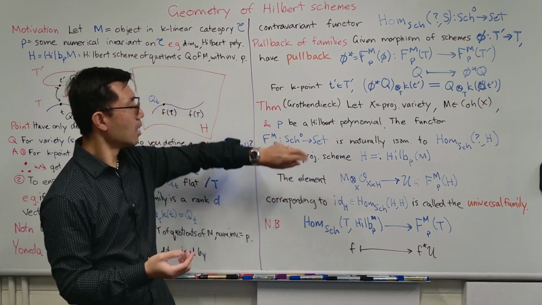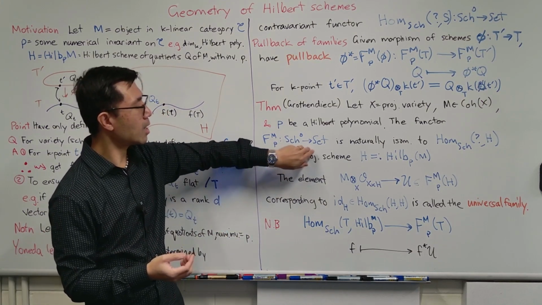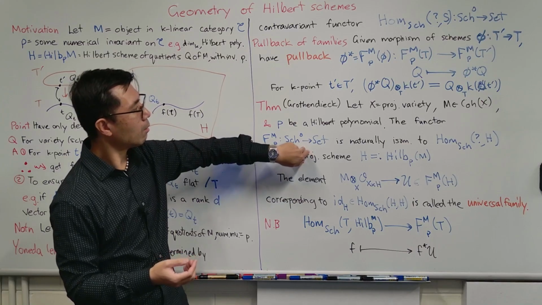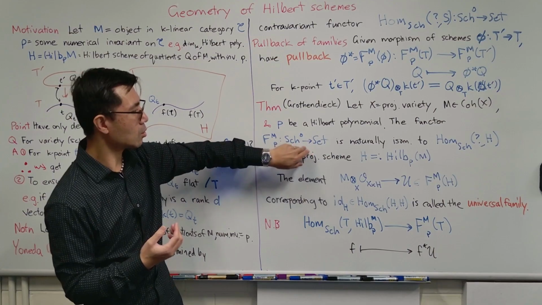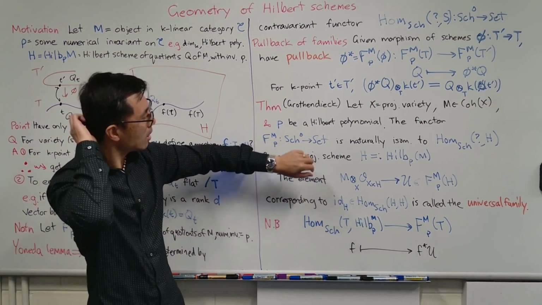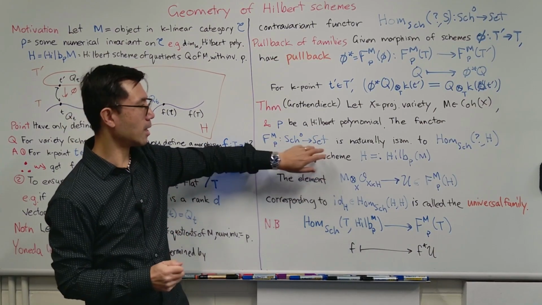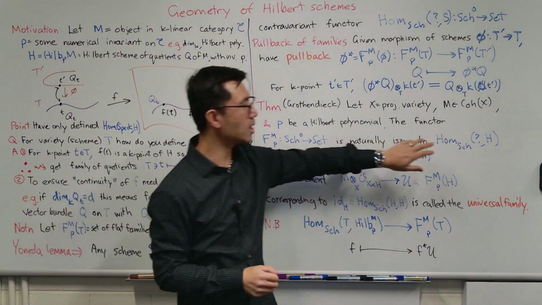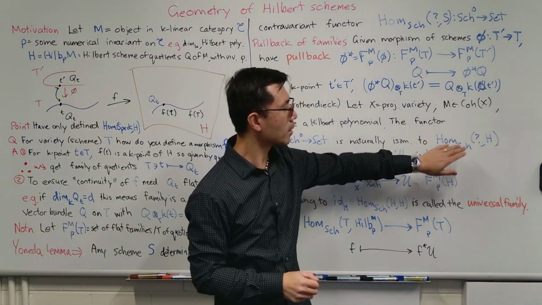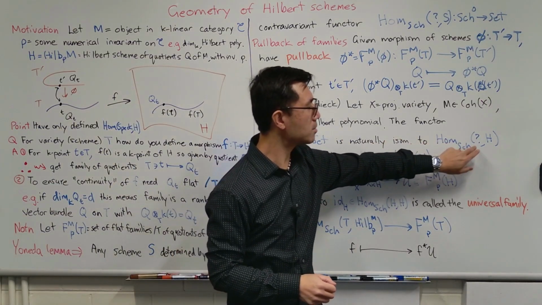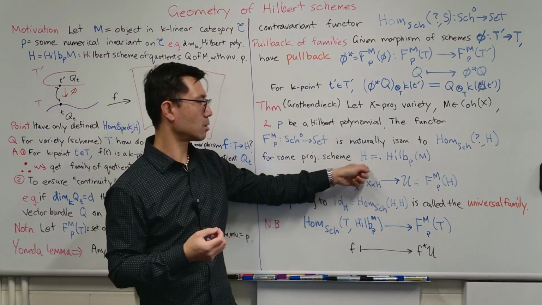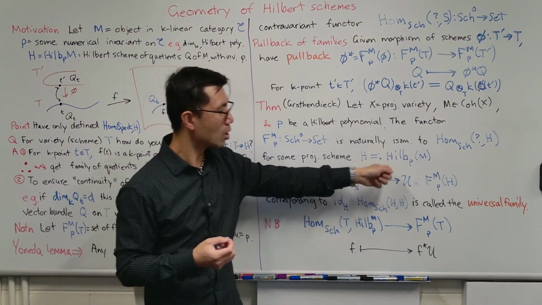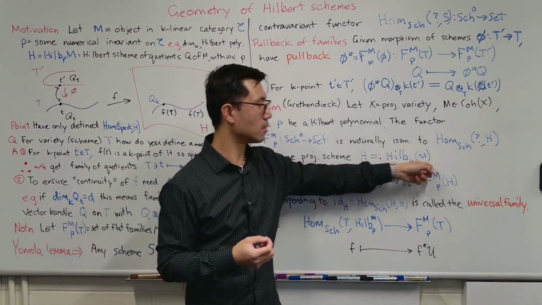So the point is, can we put a geometry on this H? Well, there exists a projective scheme H such that this functor is naturally isomorphic to Homs from schemes into H. And that's what we're going to use to define Hilbert PM.